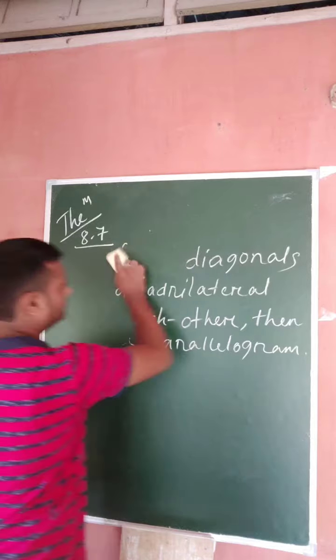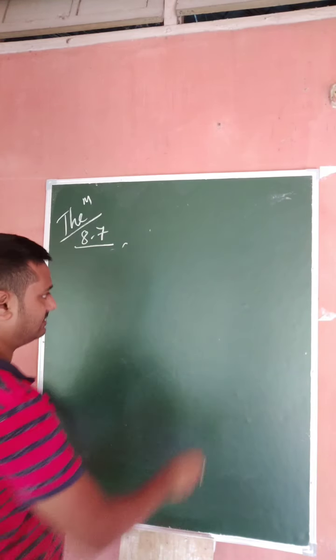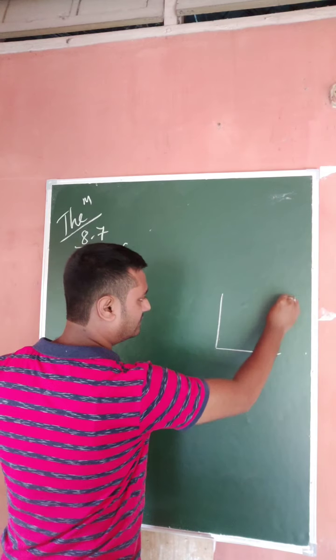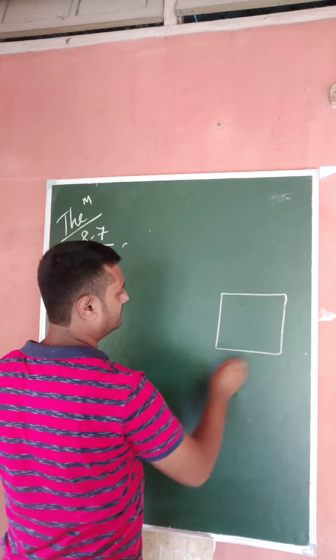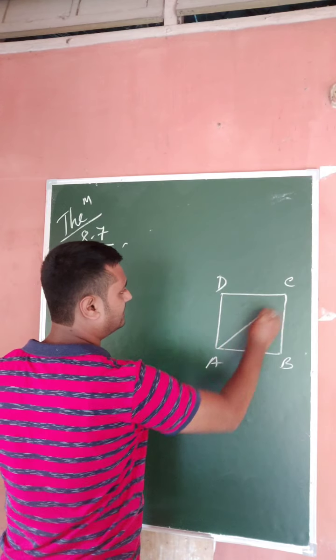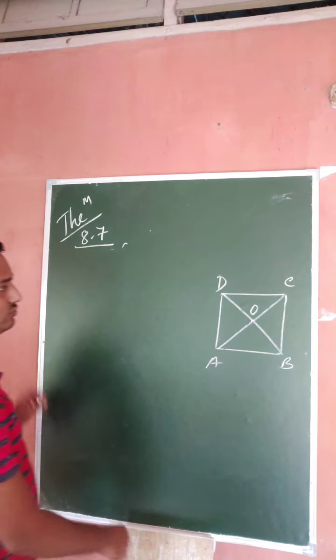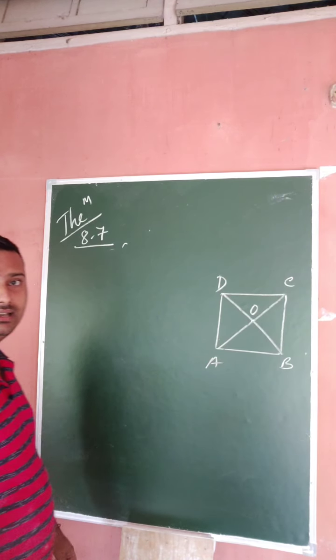In this case, it is already given that the diagonals bisect each other. Let us consider a quadrilateral ABCD, where the diagonals AC and BD bisect each other at the point O. We have to prove that ABCD is a parallelogram.